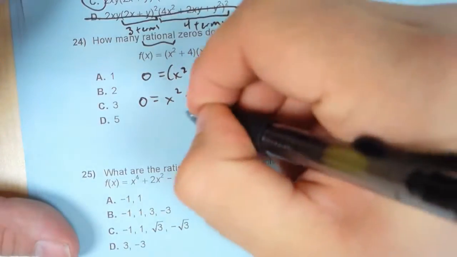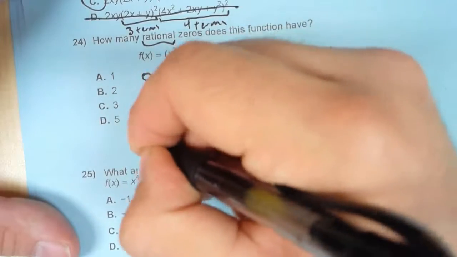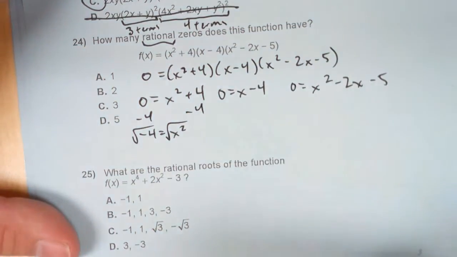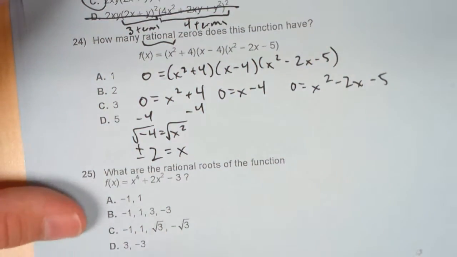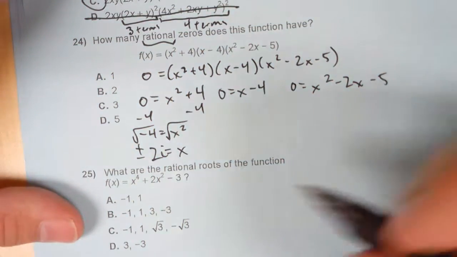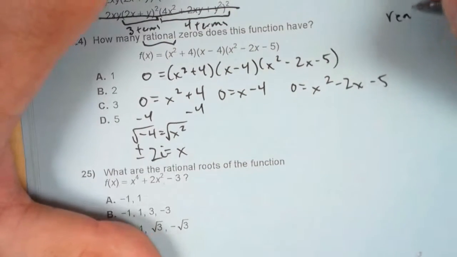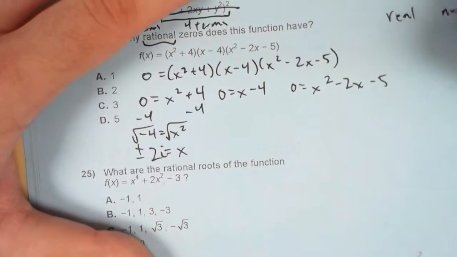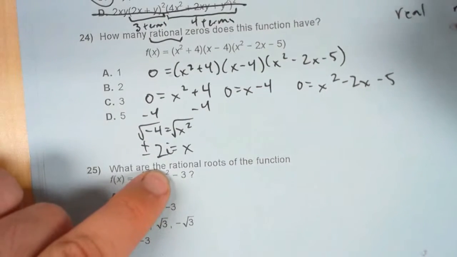Okay, first one, we subtract 4 on both sides. So we have negative 4 equals x squared, and we know how to take the square root of negative 4. We just did that as an example. We get positive or negative 2i, I'm sorry, so that's 2 imaginary ones. When we think about real versus non-real, these 2 answers are not real.